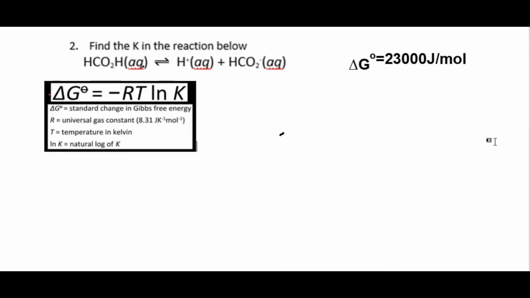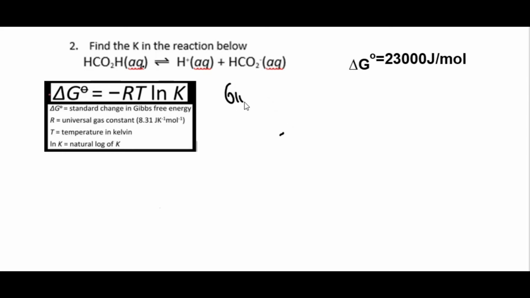Find the equilibrium constant in the reaction below. So this is our equation. We're missing the equilibrium constant, but we are given the Gibbs free energy, and we're going to assume the temperature to be 298. So let's set up the equation.